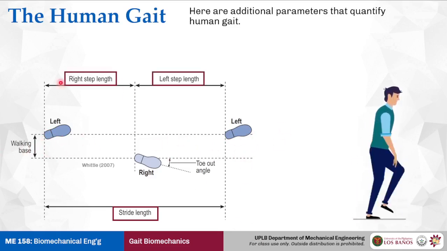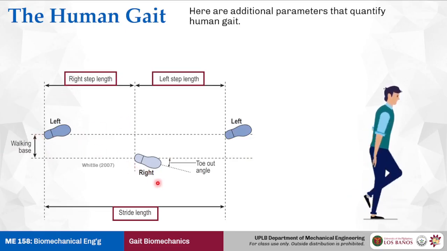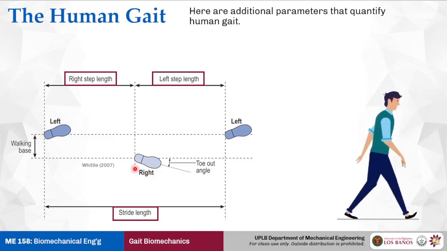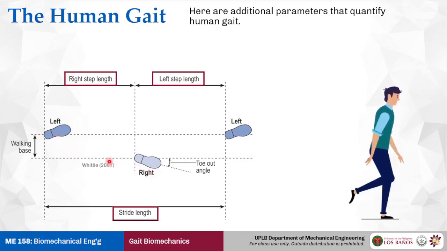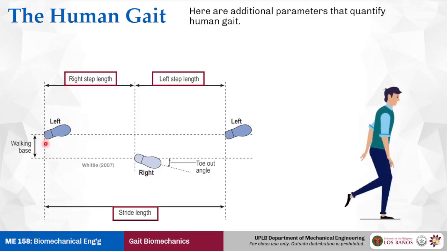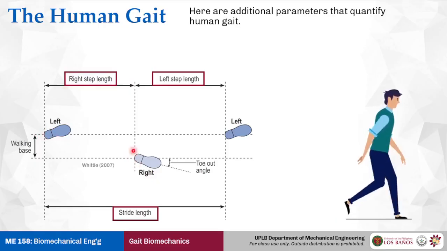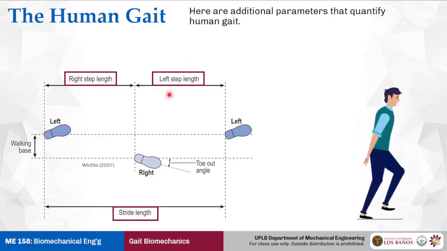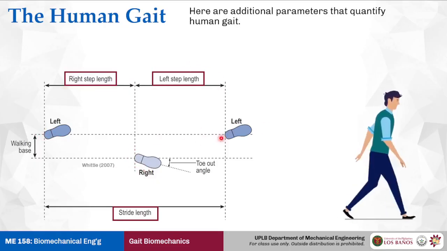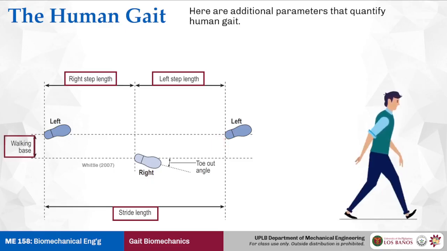The step length is the distance between two opposite feet. So if this is the right step length, it is the distance from the heel of the left to the right, and the left step length is the opposite, so it's right to left. Now we also have what we call the walking base.